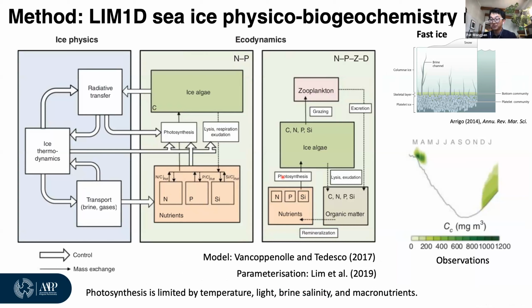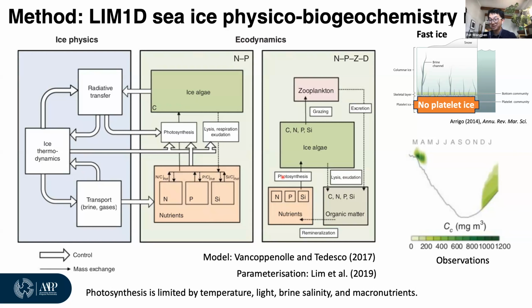We could also look into the ratio of the primary production per area when we compare between fast ice and pack ice. For each region around Antarctica, we got a mean of about 3.3 times the fast ice primary production per area, which is higher than that in pack ice.